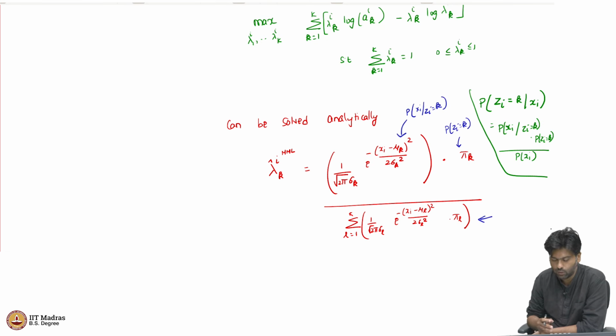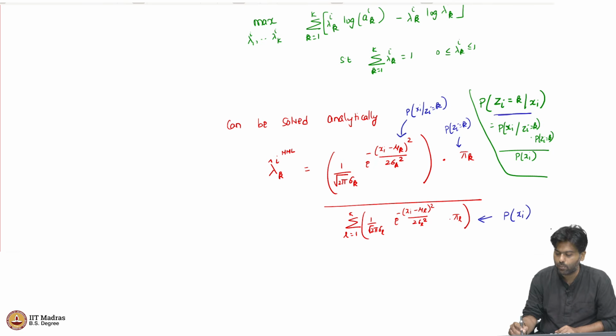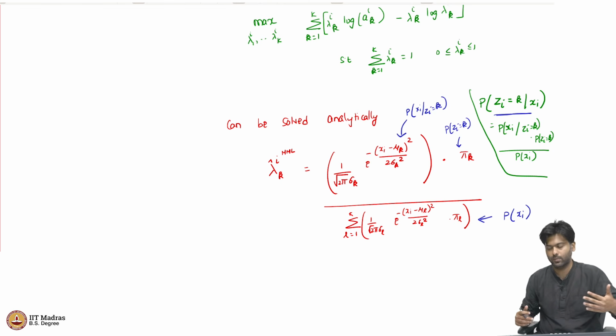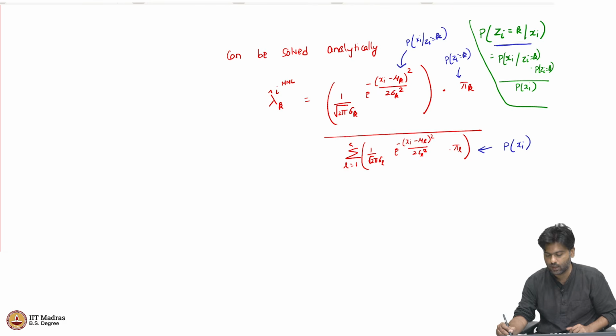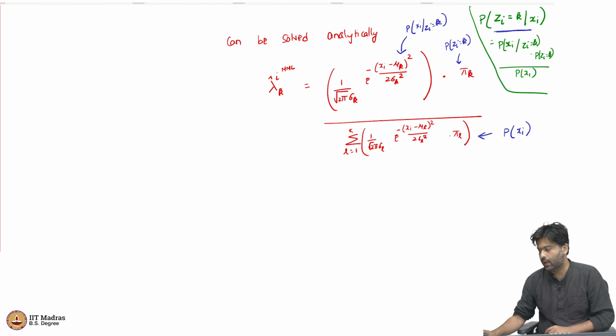And this is the summation over l, all possible ways of generating xi, of the probability of xi given Zi into the probability of Zi, which is just the probability of xi itself. This is just Bayes' theorem. It is so nice that this turns out to be exactly what you get if you had applied Bayes' theorem and tried to estimate the probability of Zi equals k given xi. That is, what is the chance that the xi point goes to the kth cluster, and once the parameters are given, you simply use Bayes' theorem to estimate that. That is exactly what comes out as your maximum likelihood estimator also.